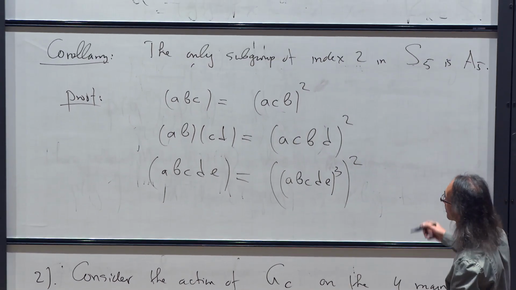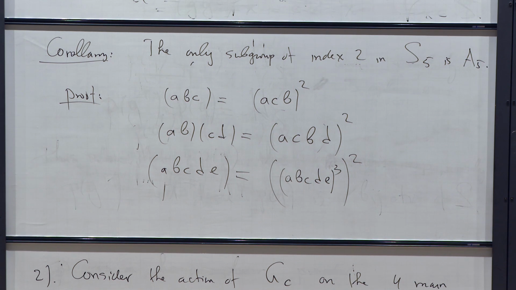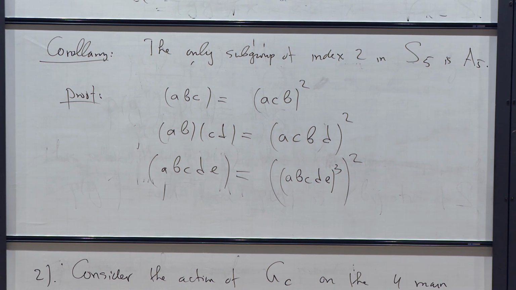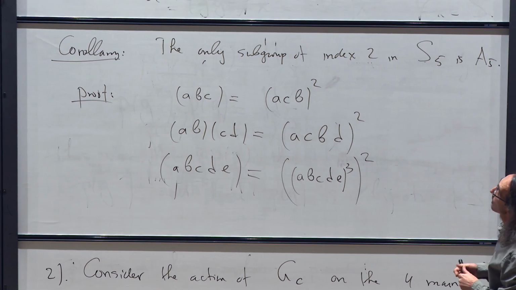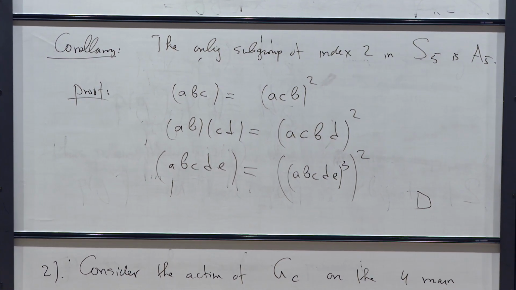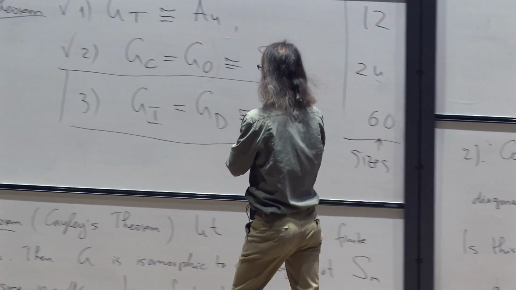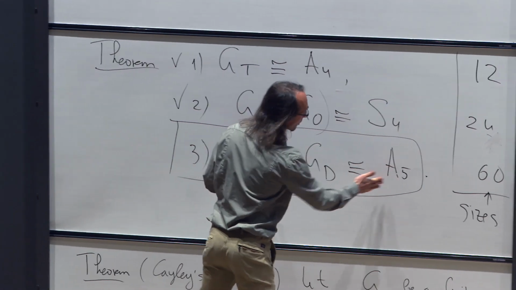So you can get all even permutations as squares of permutations, and that proves the claim.